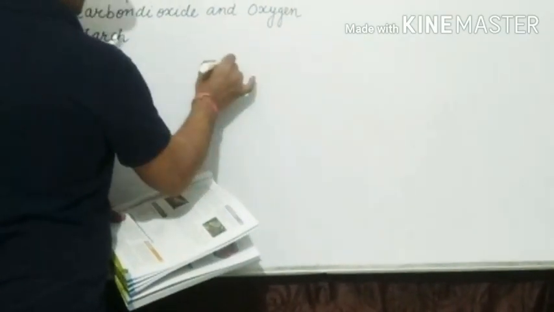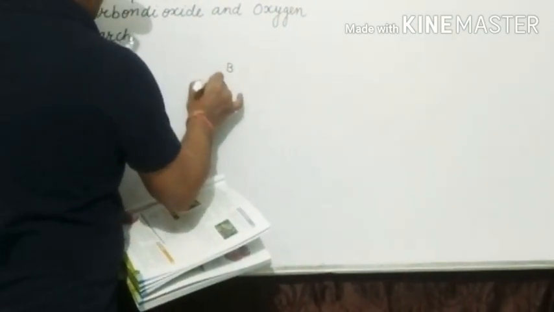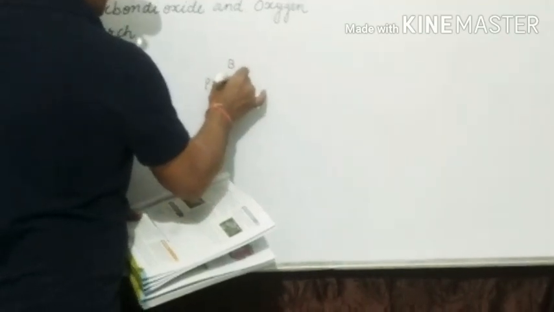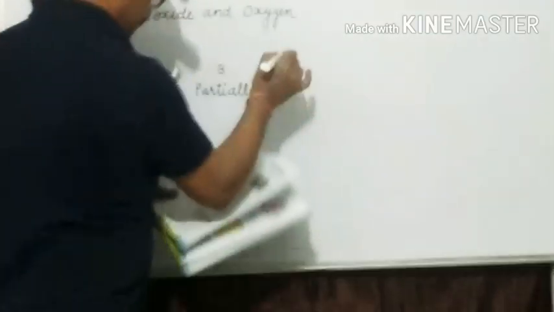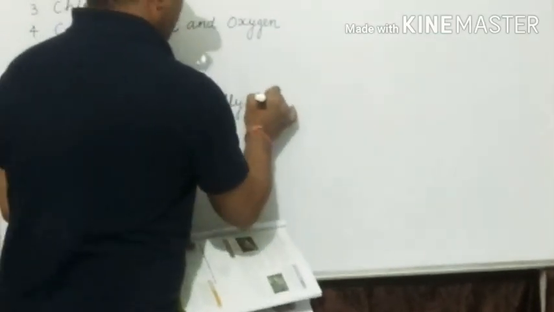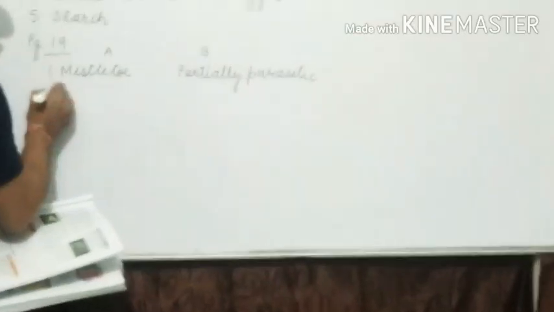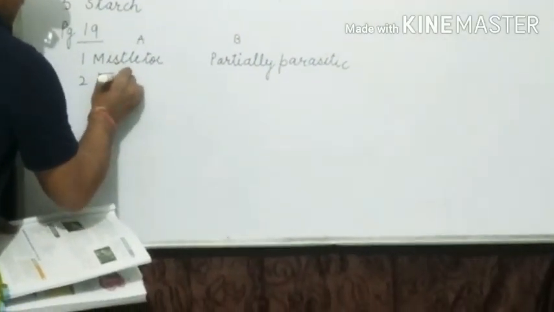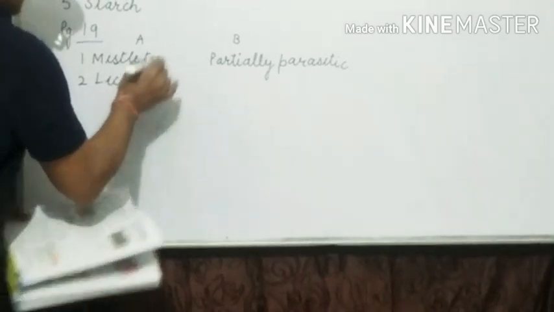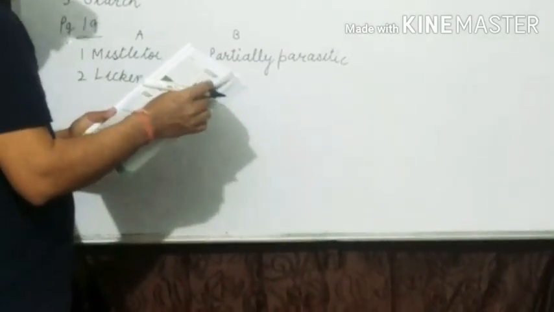Column A, partially parasitic. Second is lichen. Answer is symbiotic.